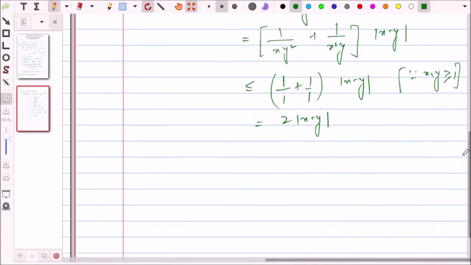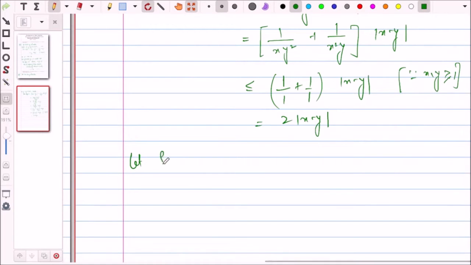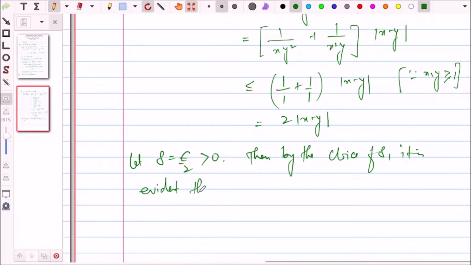So what delta should we choose? Let delta equal epsilon by 2, which is greater than 0. Then by the choice of delta, it is evident that |f(x) - f(y)| is less than epsilon whenever |x - y| is less than delta.